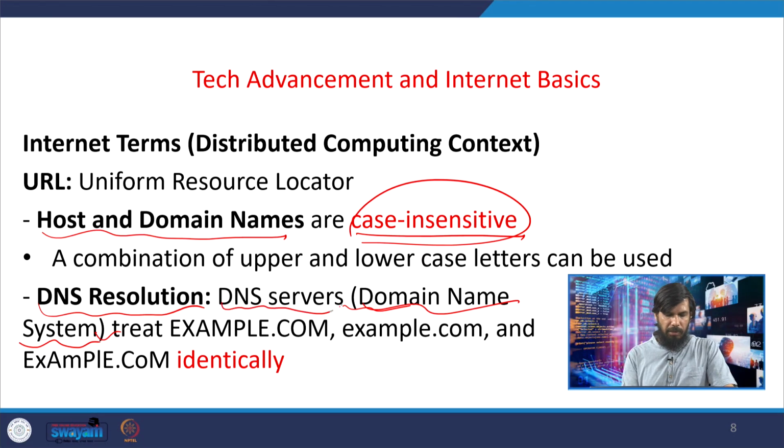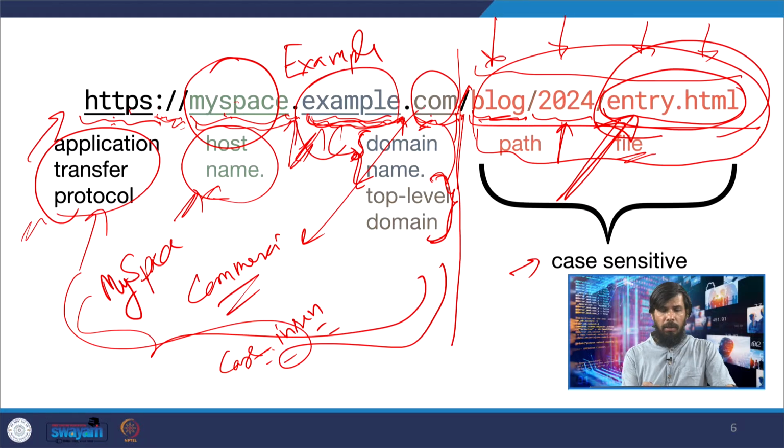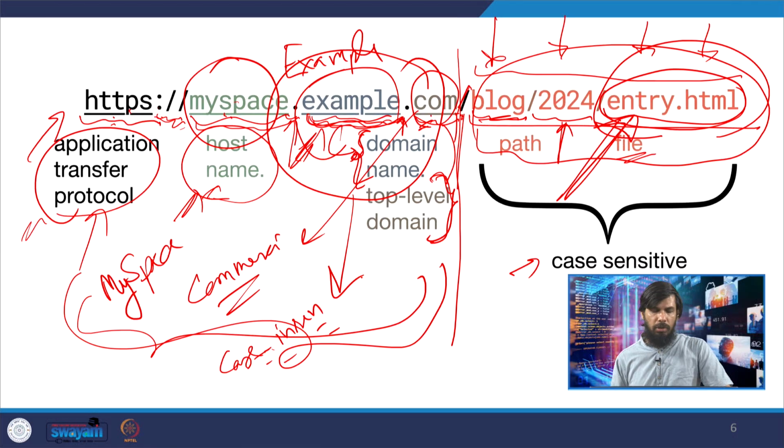So there are DNS servers which are part of the network, which play the role of a domain name system, and they do the DNS resolution. Essentially they are a domain name service. So the domain name that we specify, for example example.com, needs some system service to resolve it, in terms of getting the actual IP address for that domain name. So this domain name maps to which IP address?